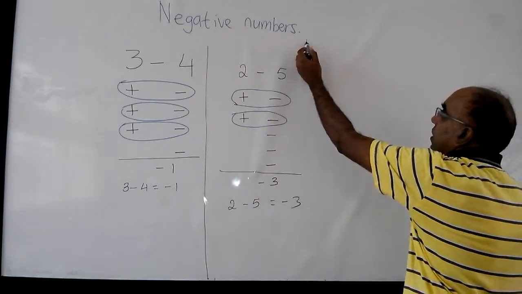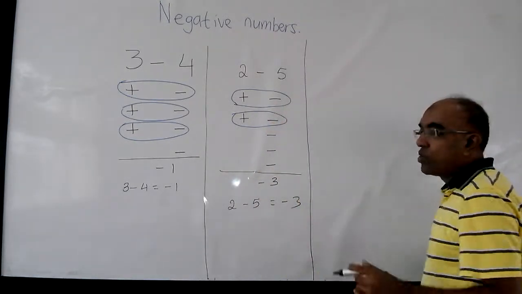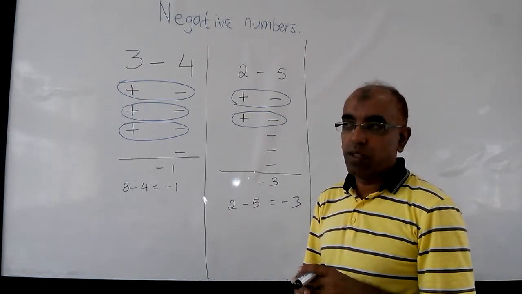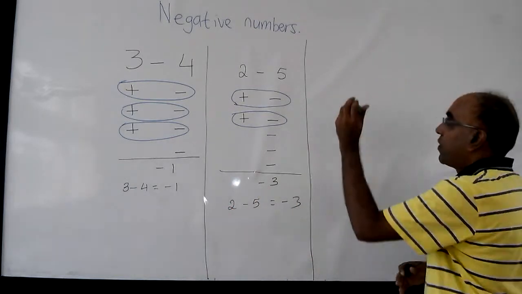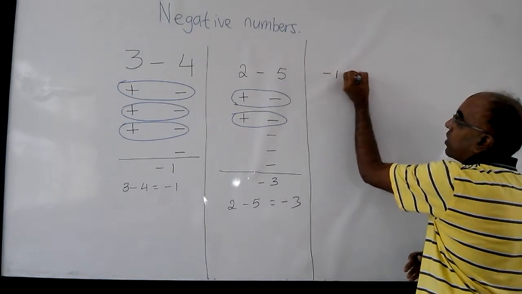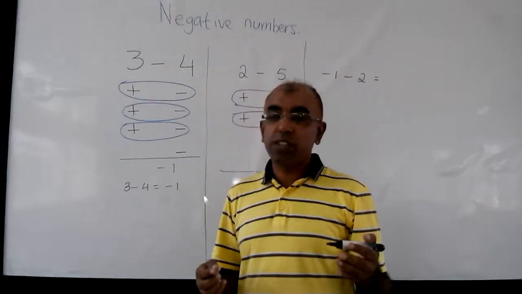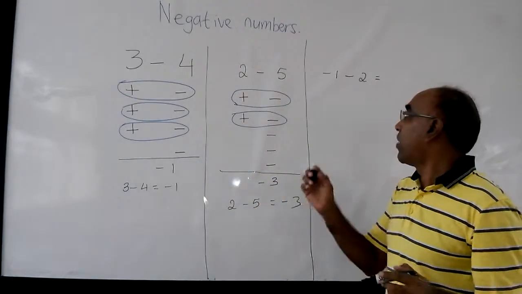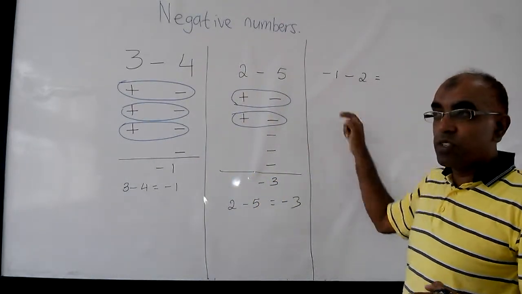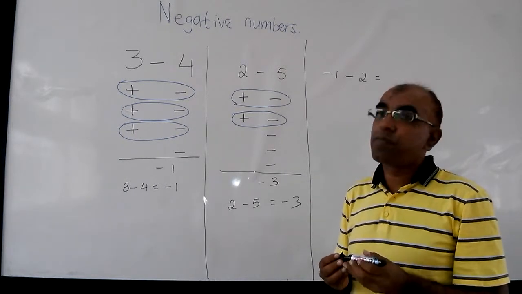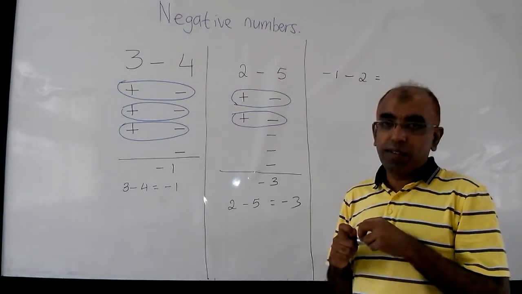We'll have a look at subtraction of 2 negative numbers. For example, if I have minus 1, minus 2, let's see how we can do that in a systematic way. Now, minus 1, suppose you borrow $1 from your friend.